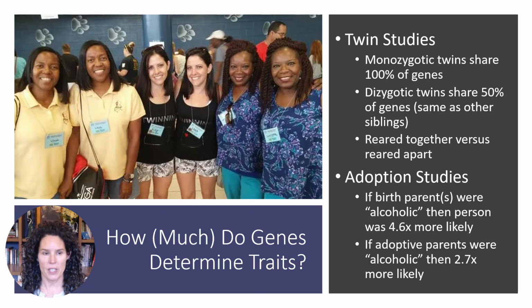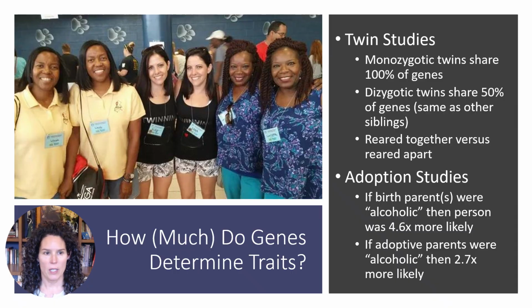Similarly, with adoption studies, take for example studying the risk of alcoholism and comparing the concordance of alcoholism between birth parents and the children they gave birth to, or between adoptive parents and the child that they adopted.